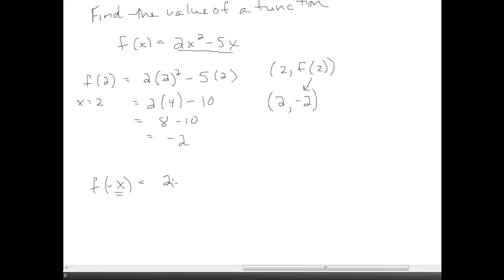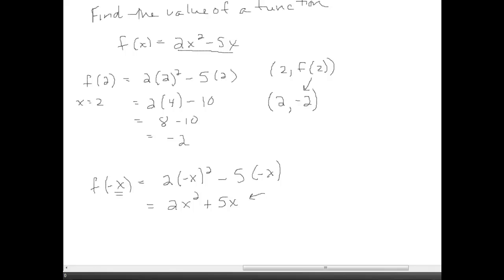So instead of x, I'll put negative x and then simplify. A negative number squared is positive, so this is still 2x squared, but now negative 5 times negative x is plus 5x. So f of negative x is 2x squared plus 5x.